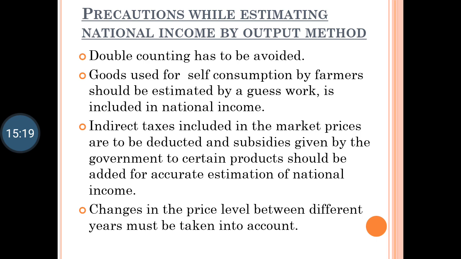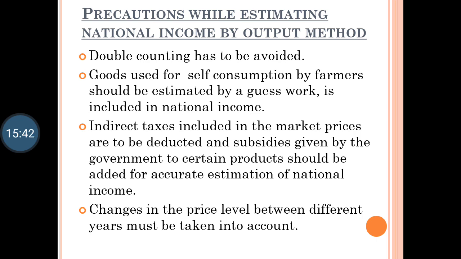Then the third point is that indirect taxes included in the market prices are to be deducted. Whatever final market price, let's say sugar is 40 rupees and plus taxes comes to 50 rupees. Why do we add up taxes? Because the government imposes indirect taxes on each commodity.